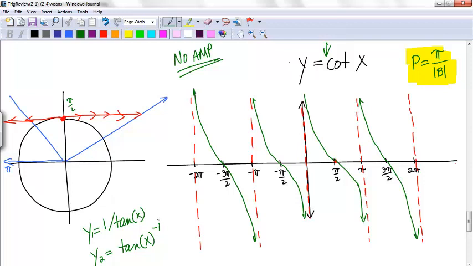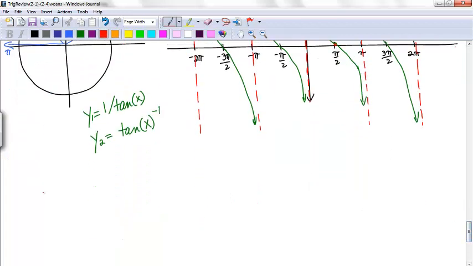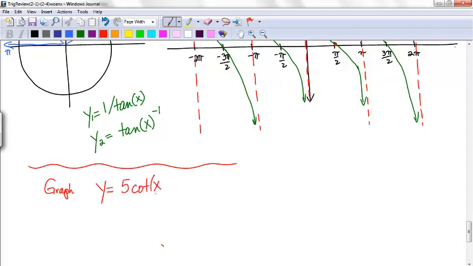Now, where you have to be careful is when the author gives you an equation like this. In the book, the author might say graph y equals 5 cotangent of x.